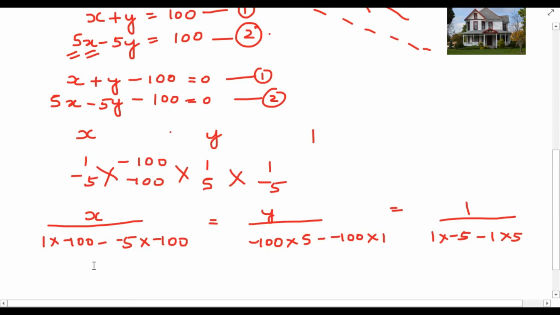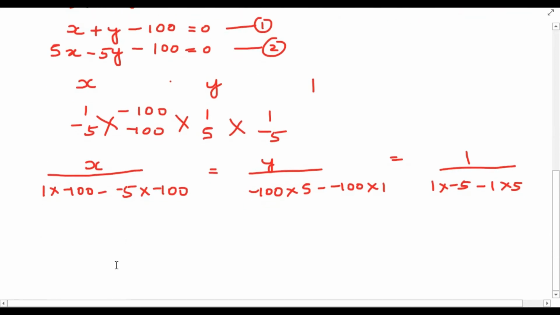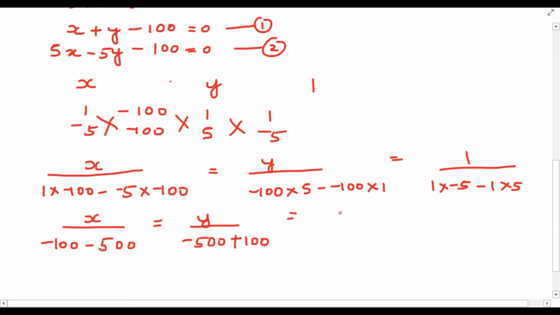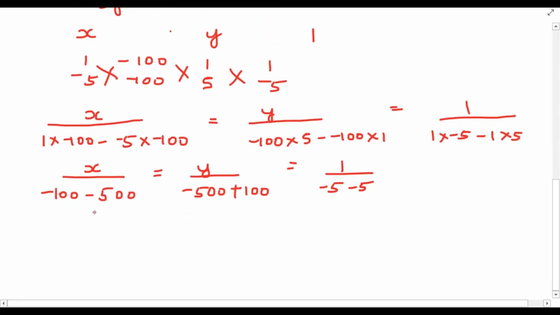Which is equal to x divided by minus 100 plus 500, equal to y divided by minus 500 plus 100, equal to 1 divided by minus 5 minus 5. Now we will solve for x and y.